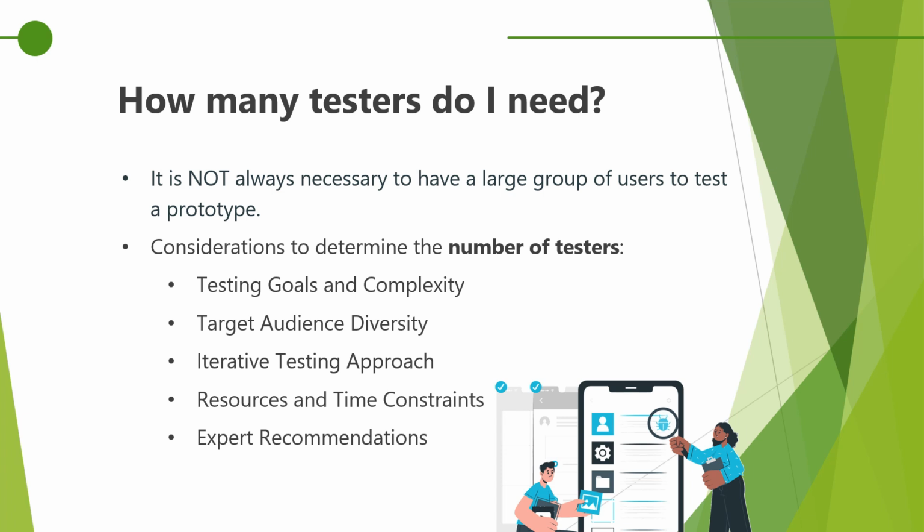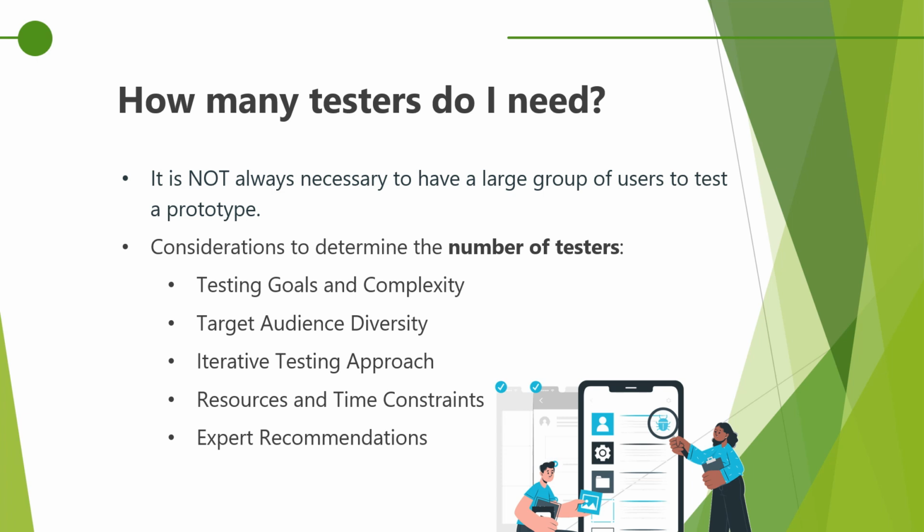Now, if usability testing is part of an iterative process, starting with a small number of testers to identify major issues, and then iterating through multiple rounds of testing with a few additional testers each time, can be an effective strategy.